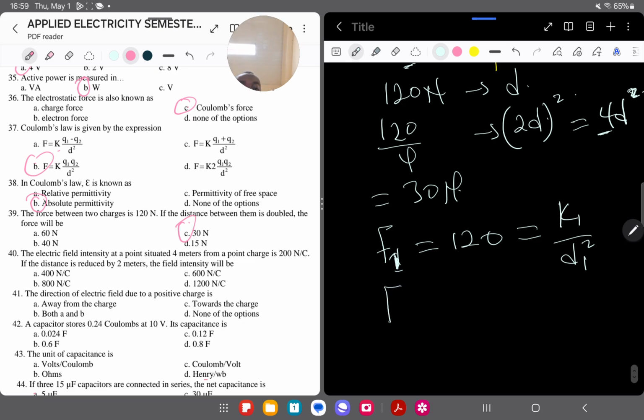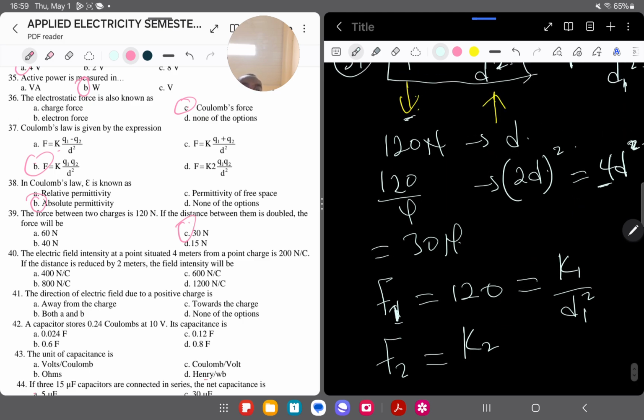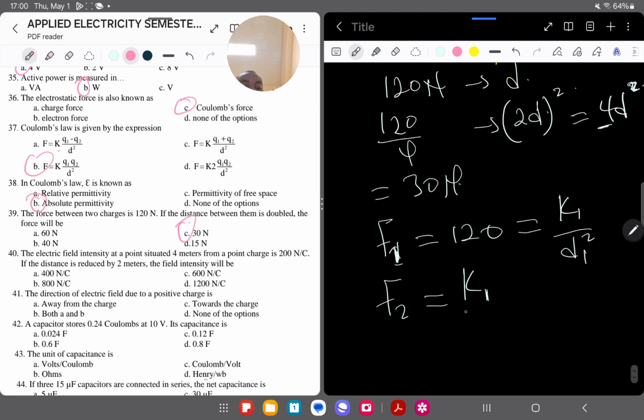Now the second case, whereby the distance is being doubled, I'm going to get F2 equals K1 over D2 squared. But remember, the constant K here is going to be the same for both cases, for both forces. So I still maintain my K, because that's just a constant.